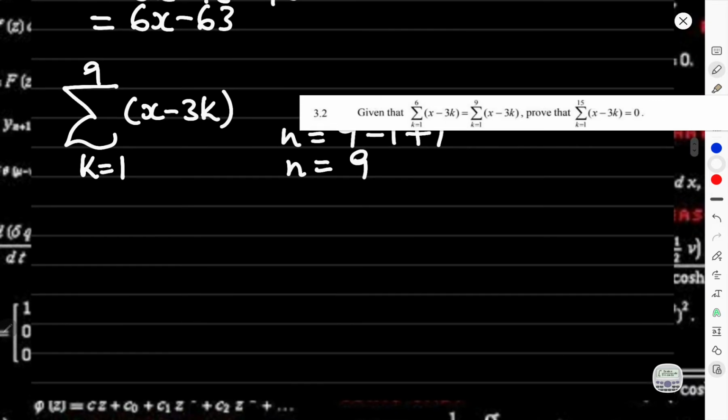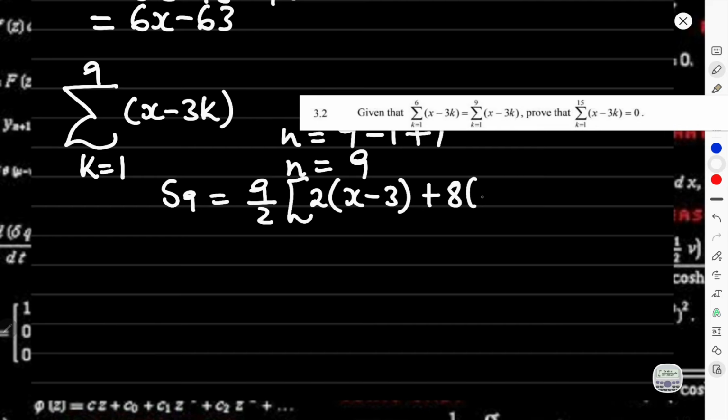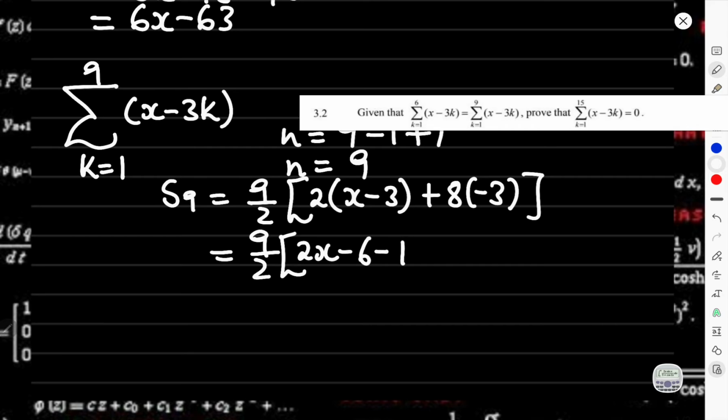So looking at S of 9, it equals 9 over 2 into 2 of a, which is x minus 3, plus 8 of d. I remember d was negative 3. So once we have this, let's multiply in here: 9 over 2 into 2x minus 6 minus 24.